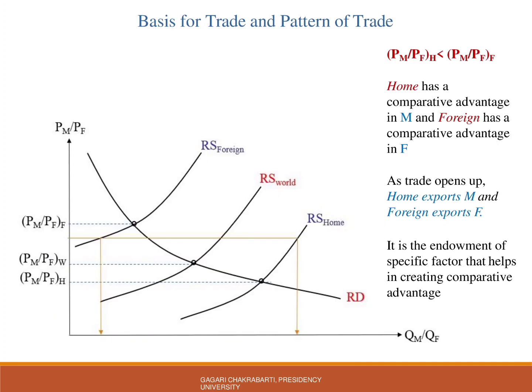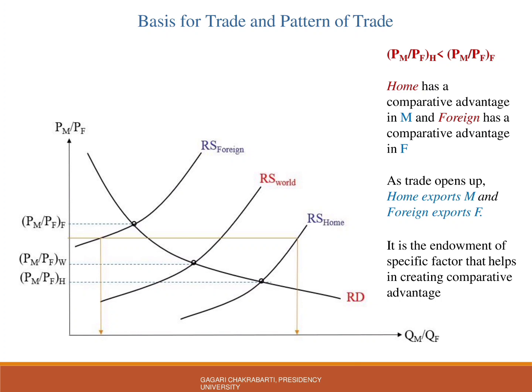We may consider this diagram also. So RD gives us the relative demand curve which is the same in the two countries. On the horizontal axis we are measuring Qm by Qf, and on the vertical axis we are measuring Pm by Pf. So we have assumed that in the home country, capital per worker is greater than in the foreign country, and foreign has more land per worker than the home country.